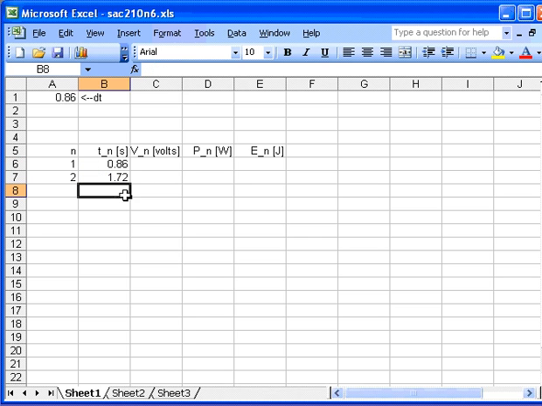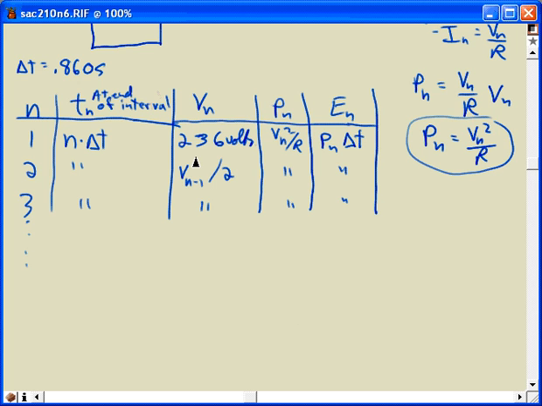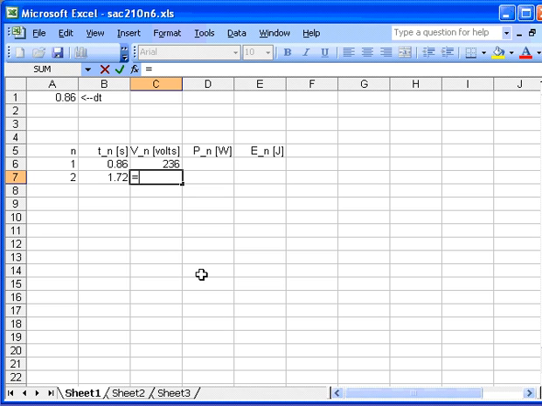Okay, and then the next one will be the same. Yeah, it's doubling. And then this started out at 236. And the next one, 236, the next one is half of it. So equals the one before it slash 2.